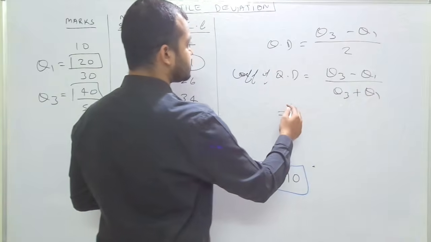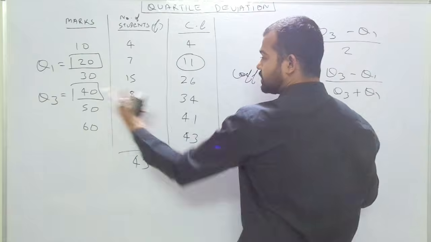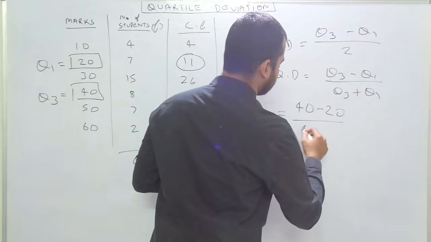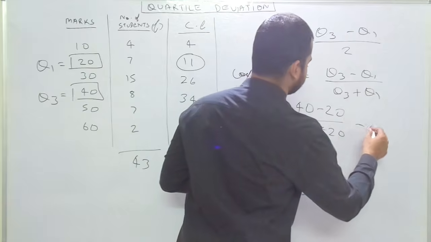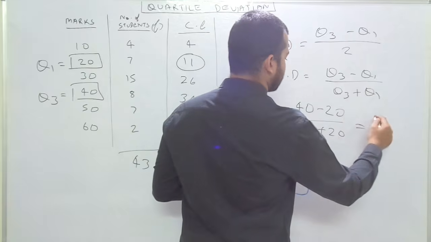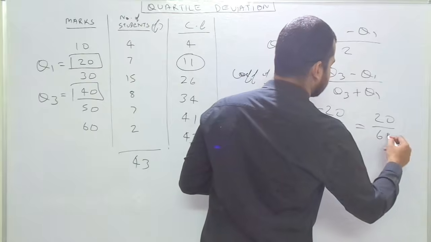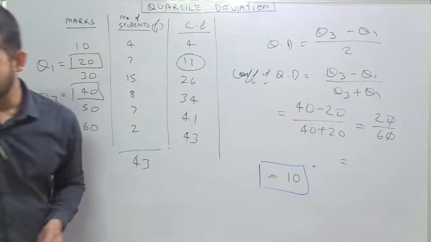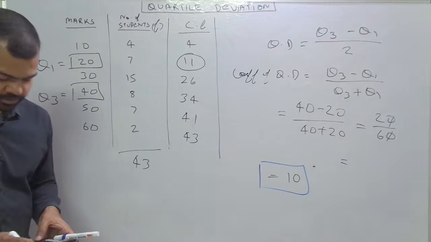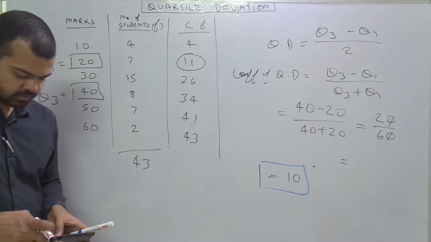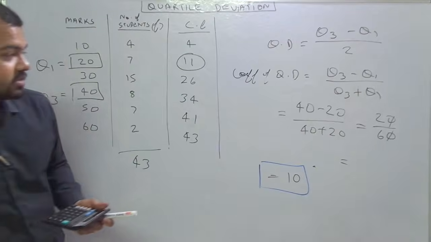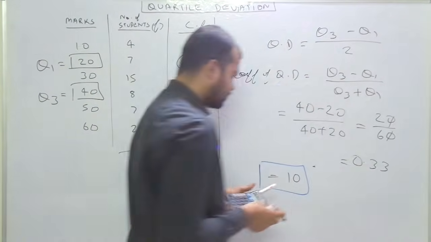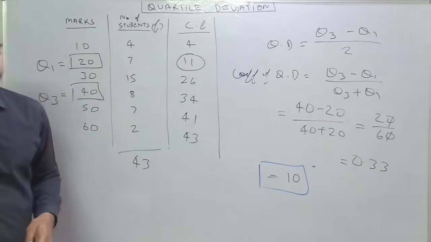So here it is 40 minus 20 divided by 40 plus 20. That is 20 upon 60. When we calculate this, 2 is divided by 6, that is 0.33. So 0.33 is the coefficient of quartile deviation.